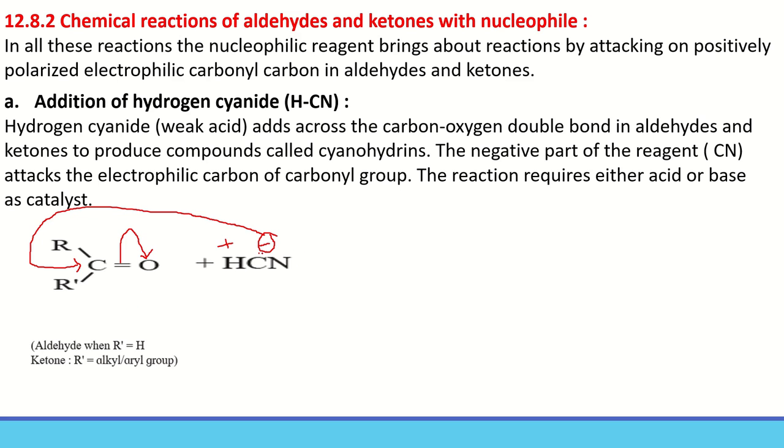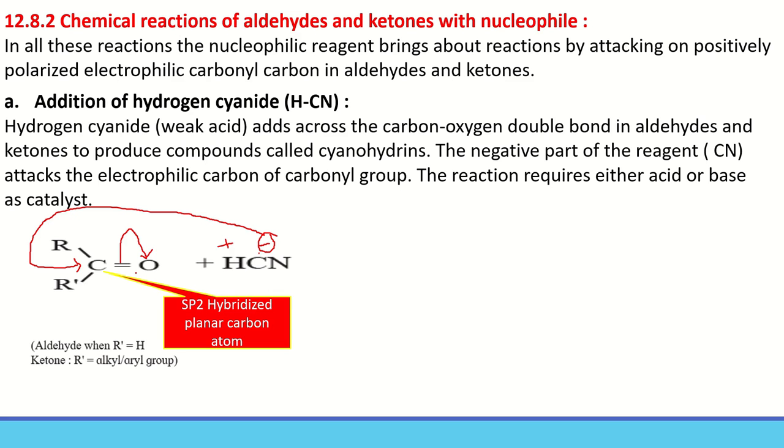Once the cyanide forms the bond with the carbon, the pi electrons which are loosely bound between the carbon and oxygen break and shift towards the oxygen. Then oxygen acquires delta negative charge with extra lone pair of electrons because the pi electron shifted towards the oxygen. The carbon is actually an sp2 hybridized carbon atom having planar geometry.